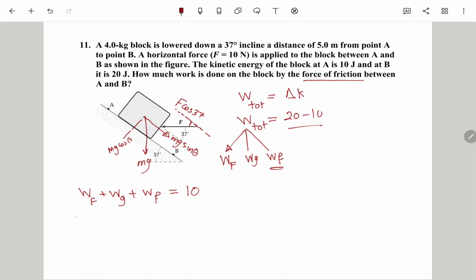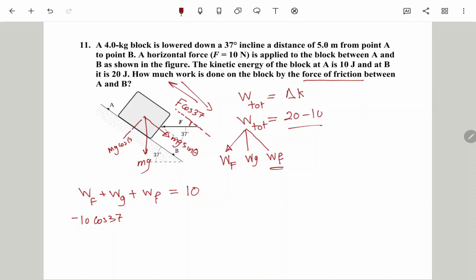Now work from F is equal to minus 10 cosine 37, and remember this minus here because the displacement is directed this way and the force is directed this way. The angle between the displacement and the force is 180, and cosine 180 is equal to minus 1.